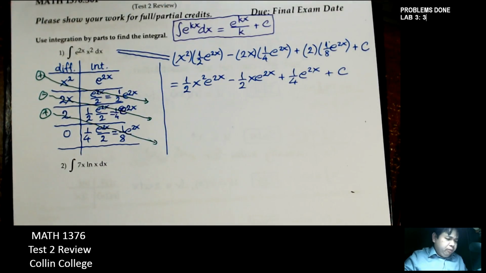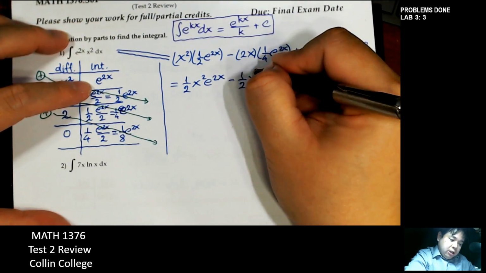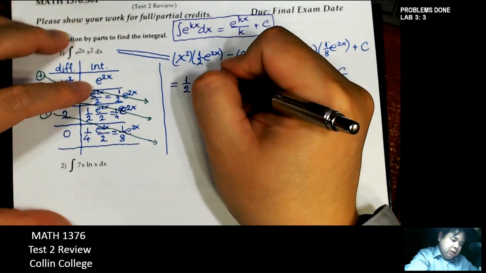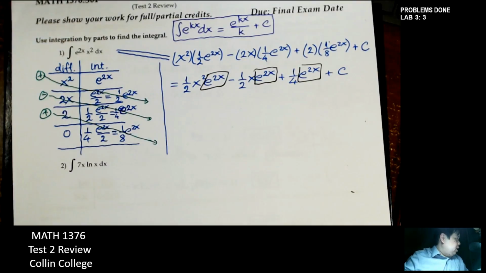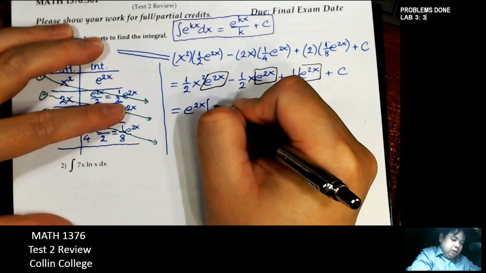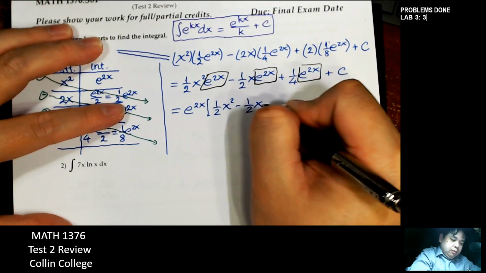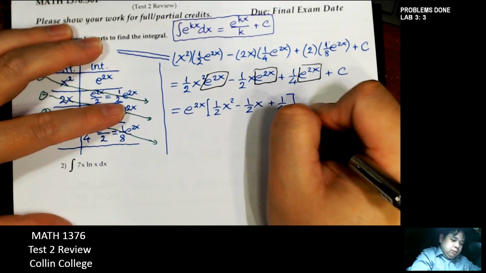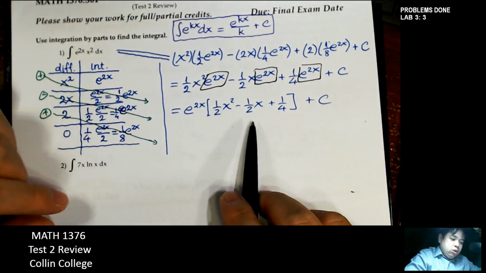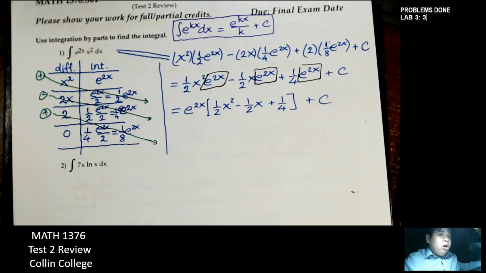You can stop here, or you can also factor. Looks like all of them have e to the 2x. We can factor it out. And then we can also do the common denominator and factor it out, but that is as far as we go.